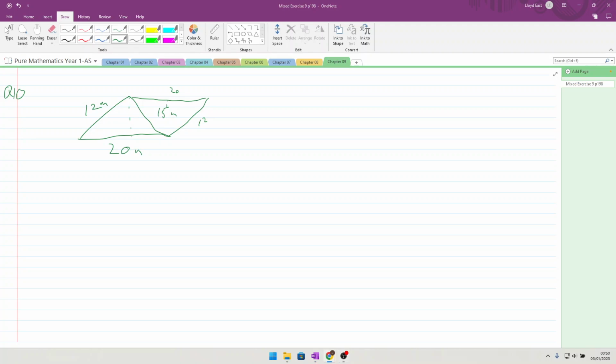So this is Heron's formula, and it says the area of a triangle is equal to the square root of s times s minus a times s minus b times s minus c, where s is equal to a half of a plus b plus c.